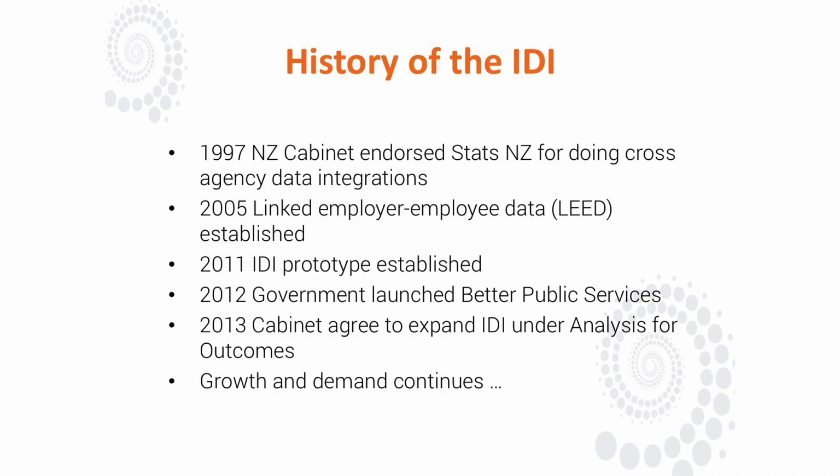And then really quickly after that point, we saw some pretty rapid change in the priorities and needs across government. In 2012, better public service measures were launched, and that very clearly needed more data sharing across government. There were some bigger, gnarlier questions. And in 2013, under the Analysis for Outcomes funding, the IDI was decided to be the data sharing solution.